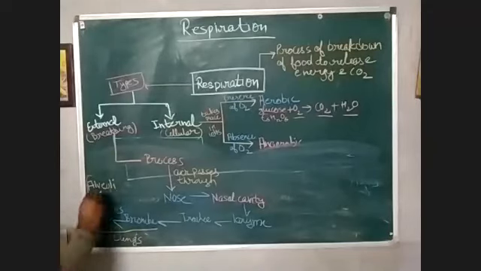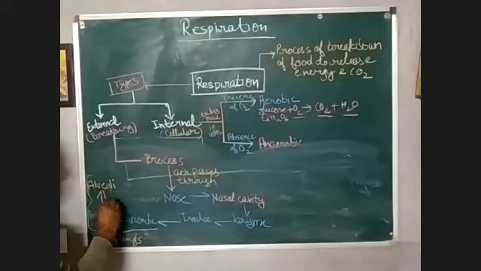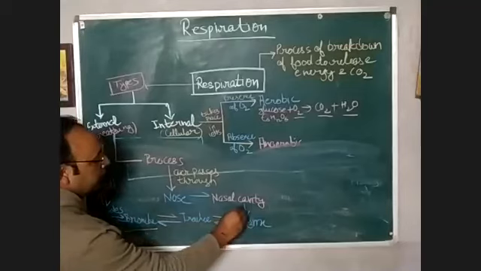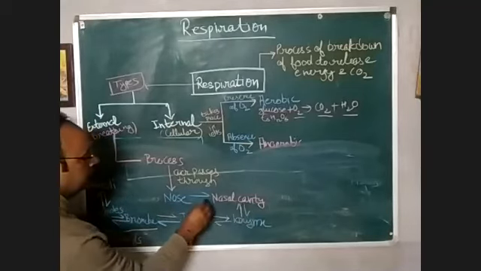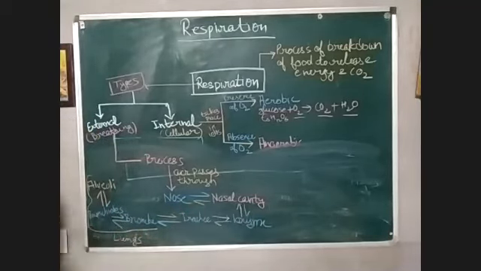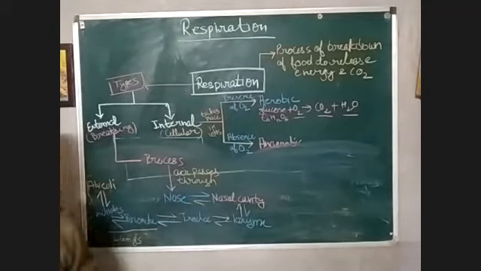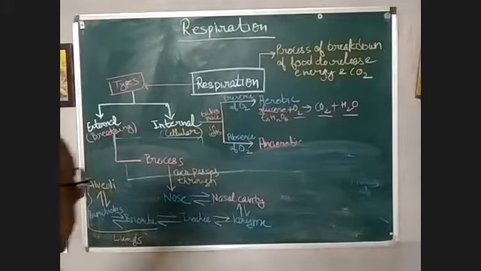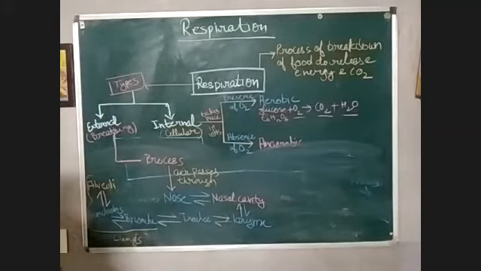Then the carbon dioxide air starts moving out like this, and finally from the nose to outside. That is exhalation. This way, oxygen moves inside and carbon dioxide moves outside the human body.